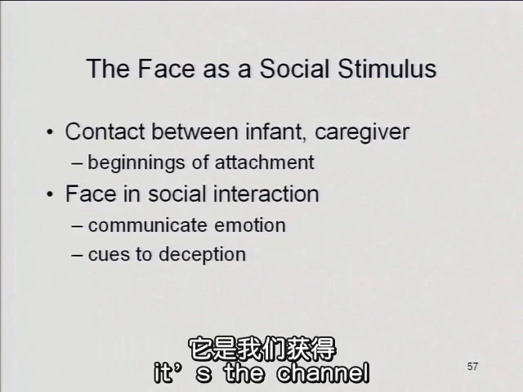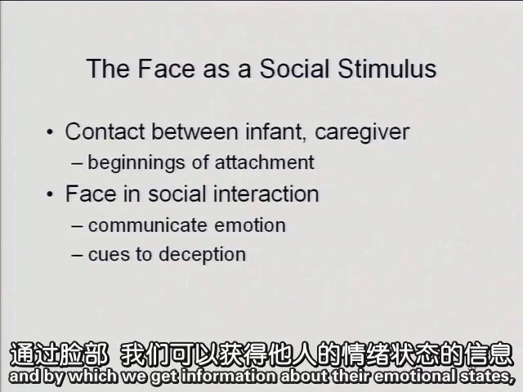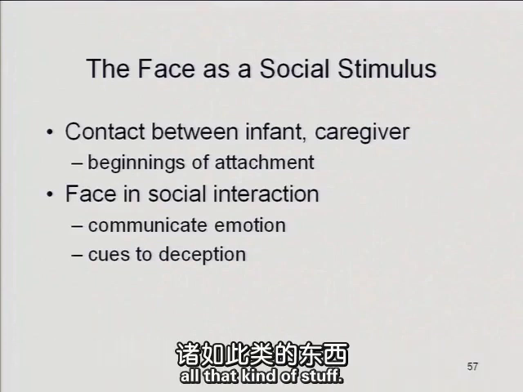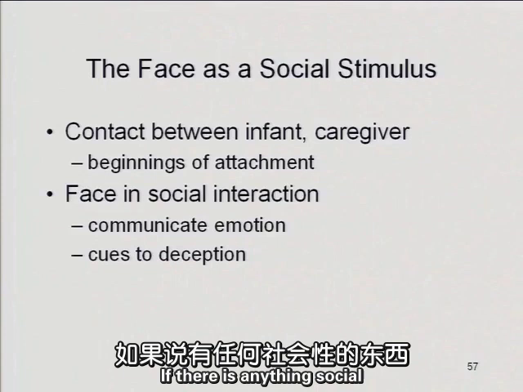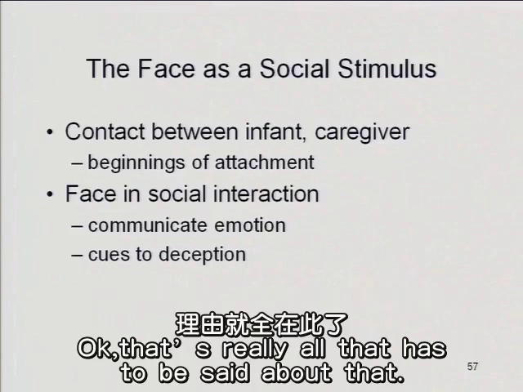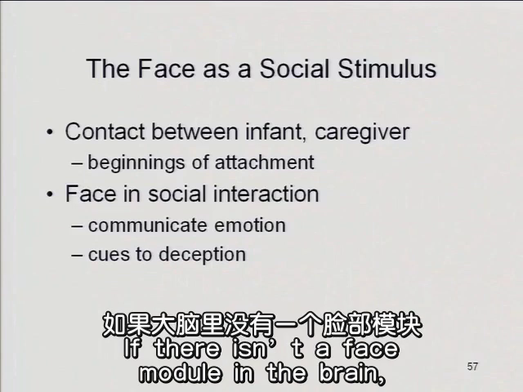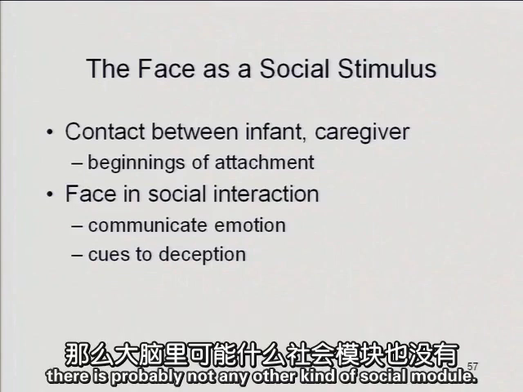It's the channel by which we get information about other people's identities and about their emotional states and all of that kind of stuff. If there's anything social that deserves a dedicated module in the brain, it's the face. Okay, that's really all that has to be said about that. If there isn't a face module in the brain, there's probably not any other kind of social module.